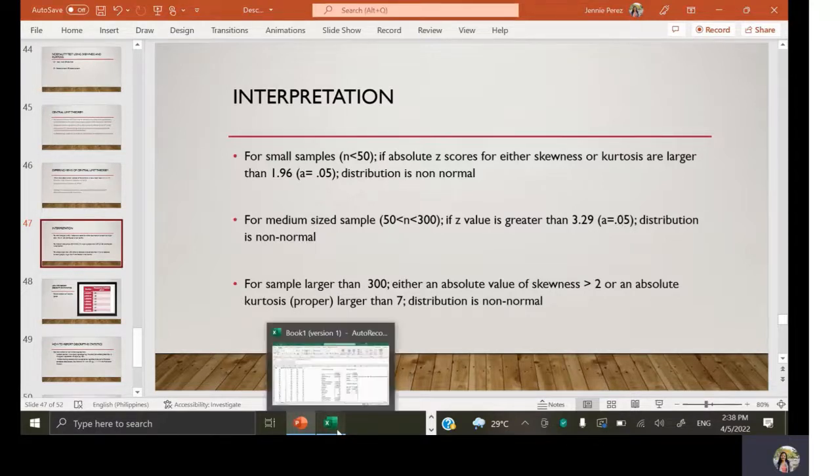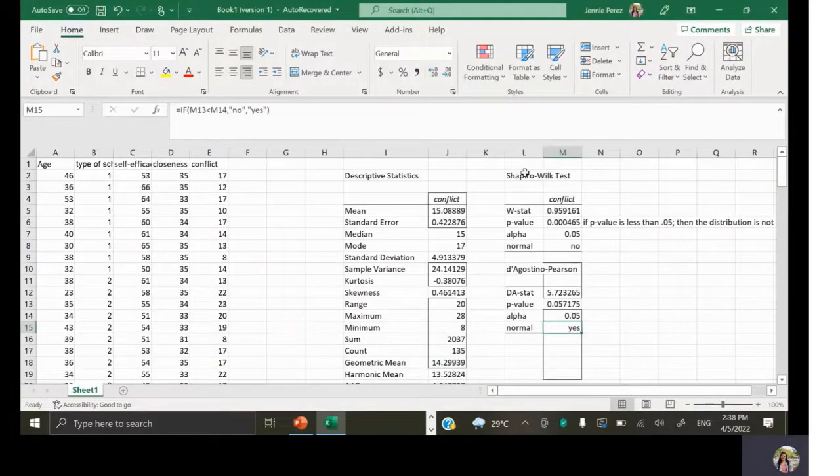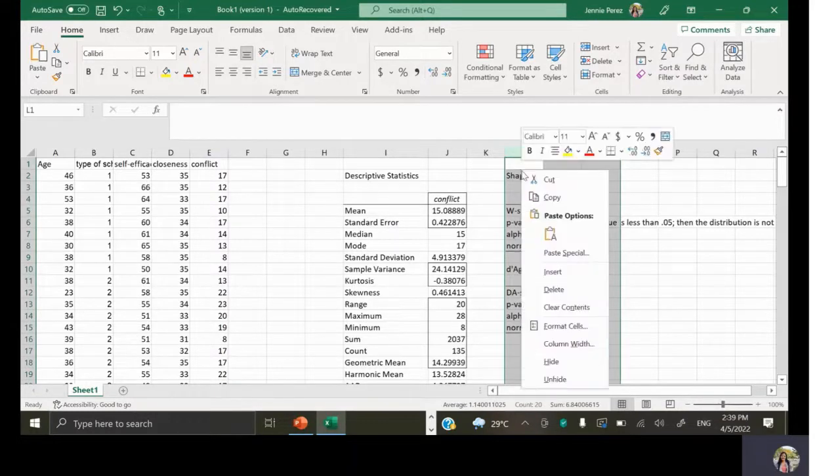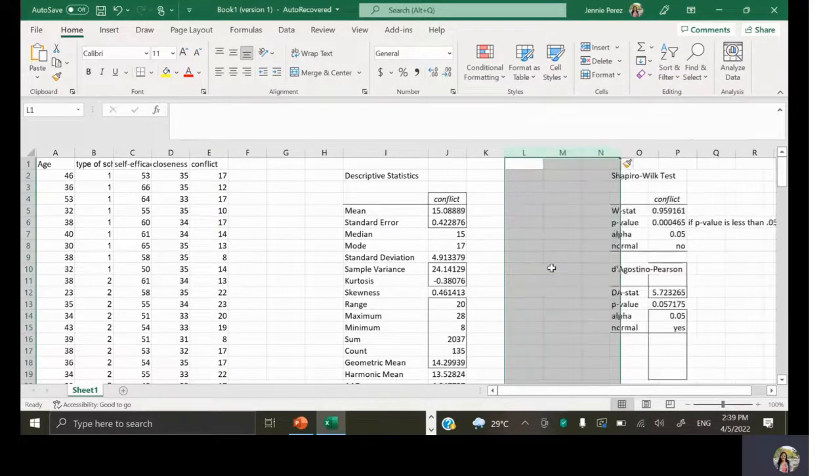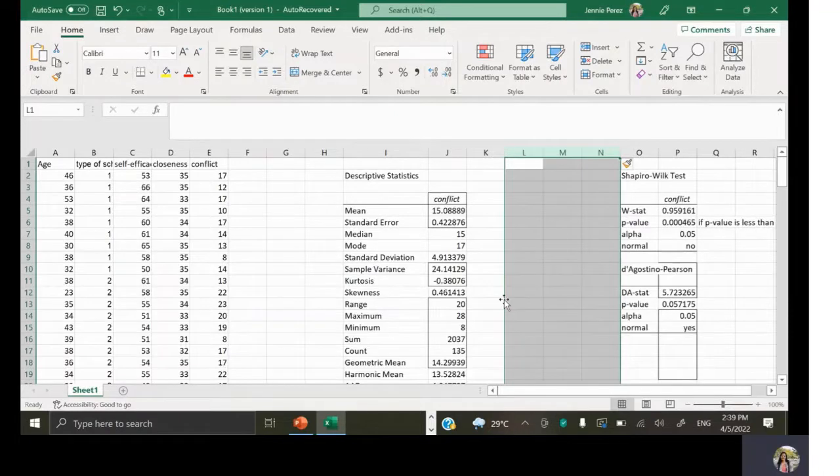So let us take this example. I will insert columns here so I can have space to do this. For example, we have to transform the skewness into z-values.